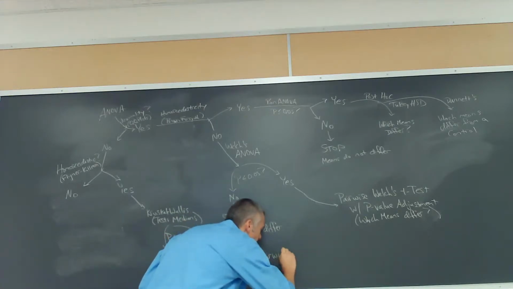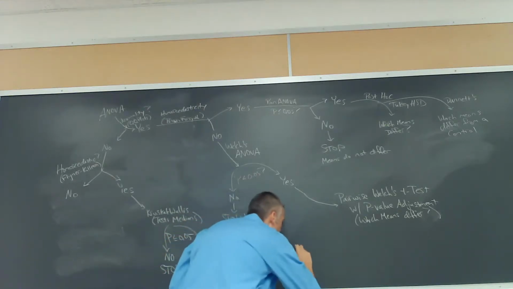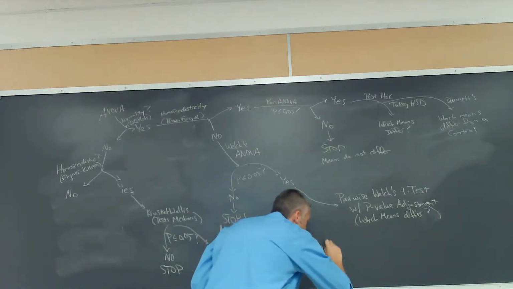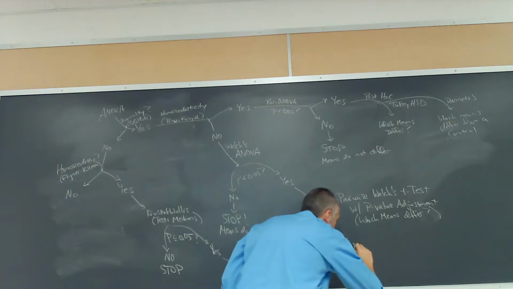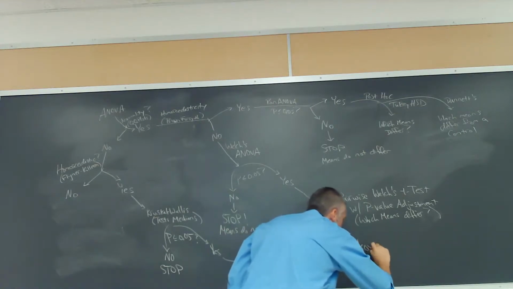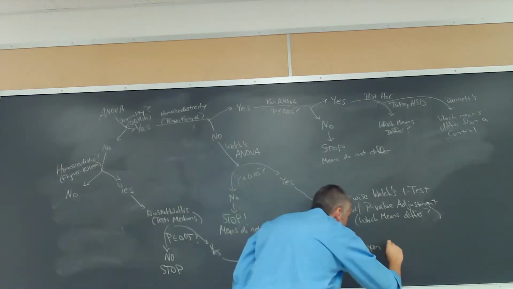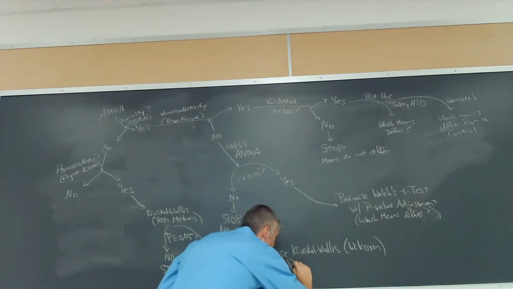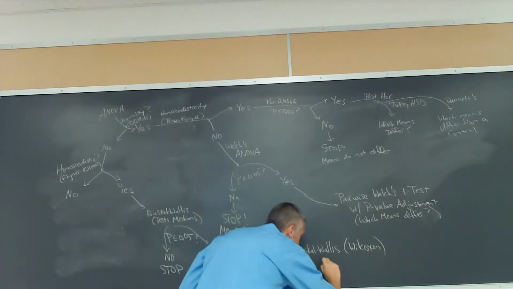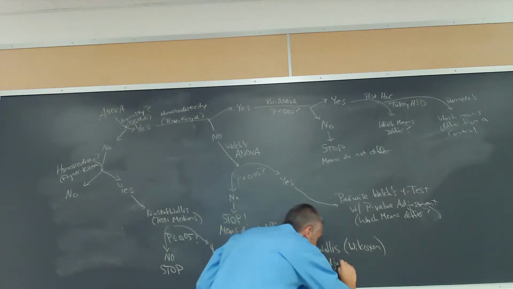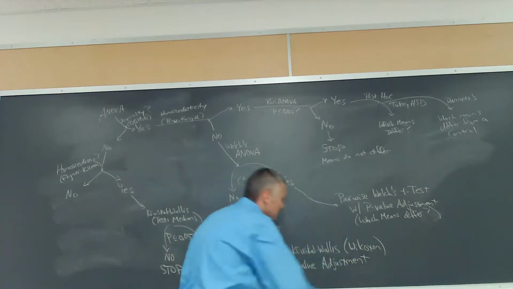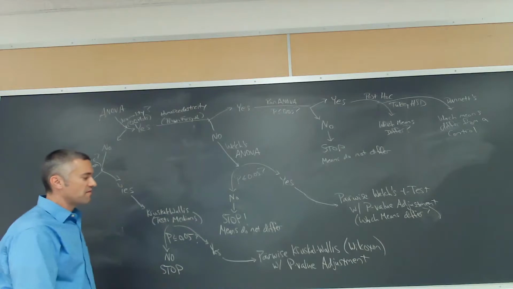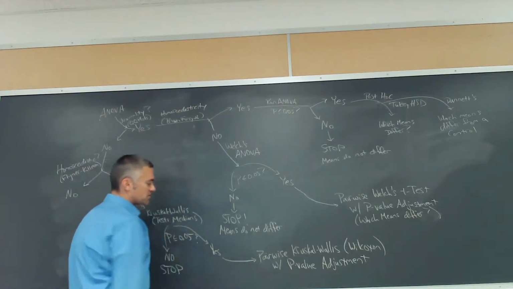With pairwise Kruskal-Wallis, which is basically the Wilcoxon test, we'll use p-value adjustments.